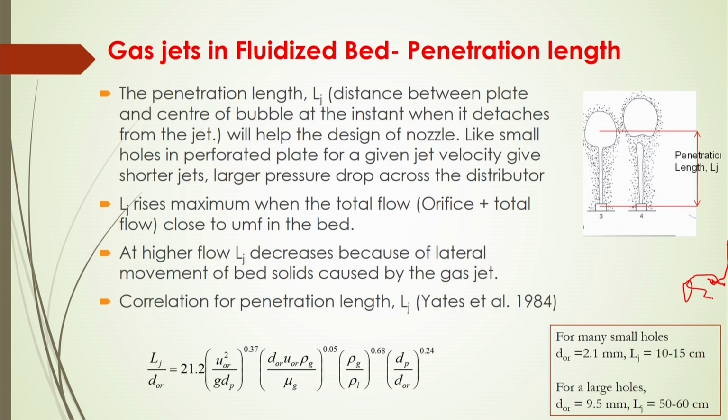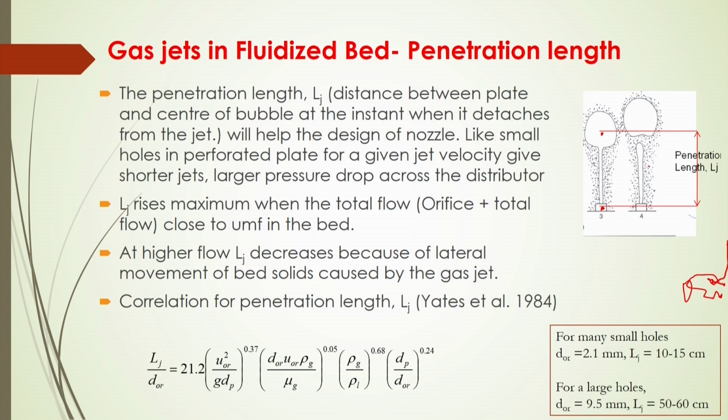Gas jets in fluidized bed. Now, penetration length. What is that penetration length? See in this figure, from this gas jet at the top there is a formation of bubbles, and the distance from the entry point of this gas from the distributor to the center of these bubbles is called penetration length.